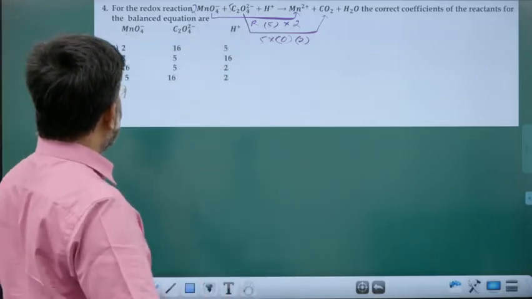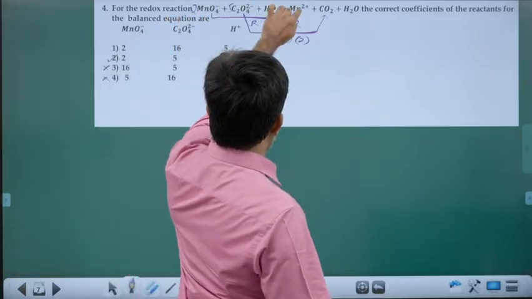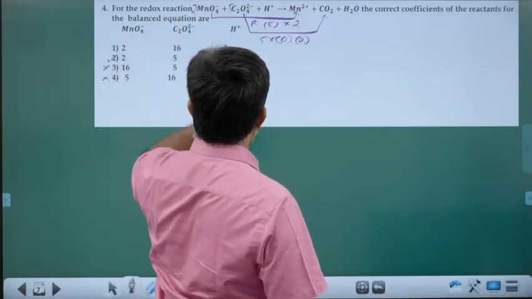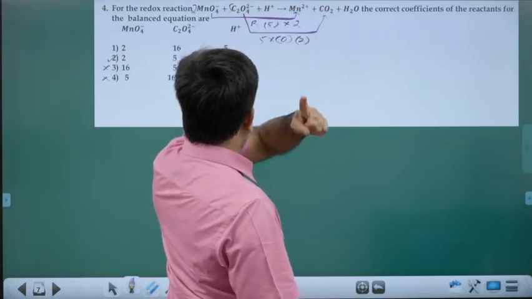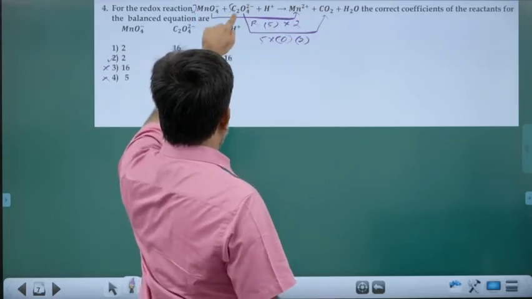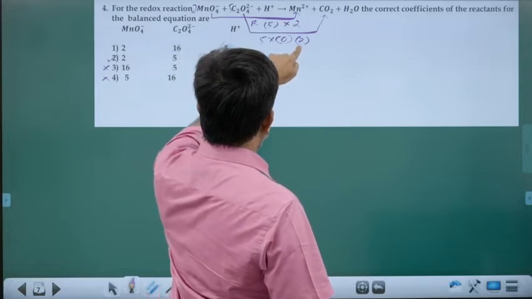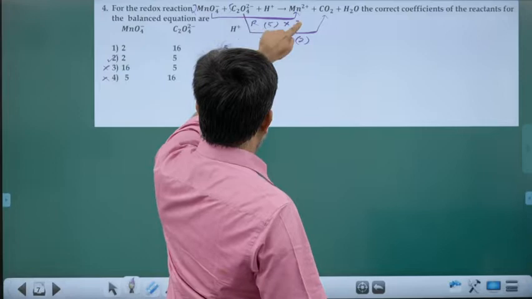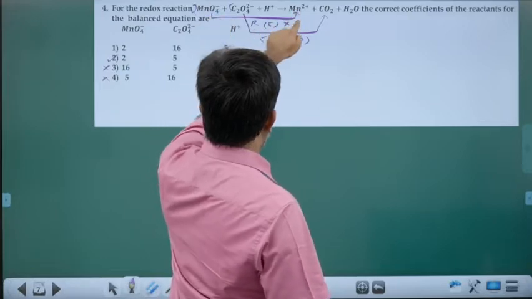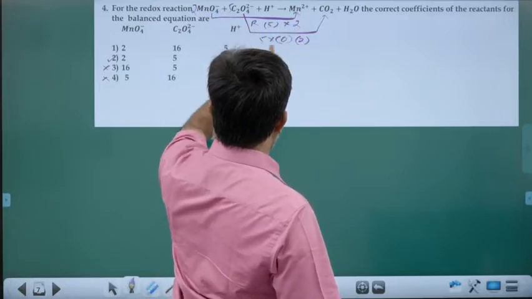Okay, once again, plus 7 changes to plus 2, N factor 5. Plus 3 changes to plus 4, N factor 1 for 1 carbon. There are 2 carbon atoms, therefore it is 2. So here N factor 2, here N factor 5. So this conversion is multiplied with the 2 and this conversion multiplied with the 5.